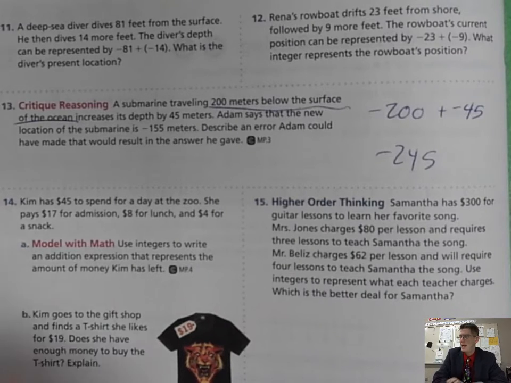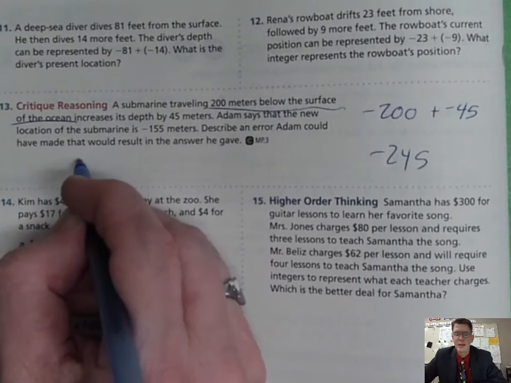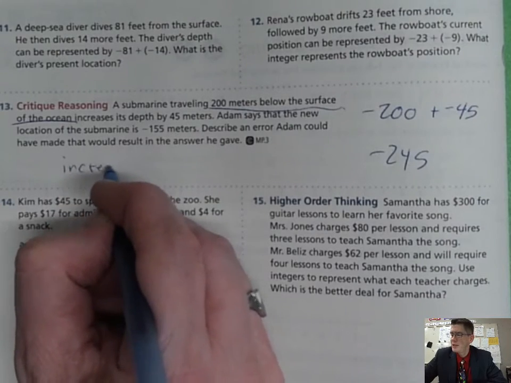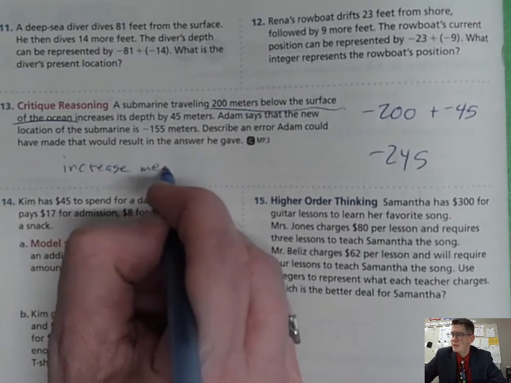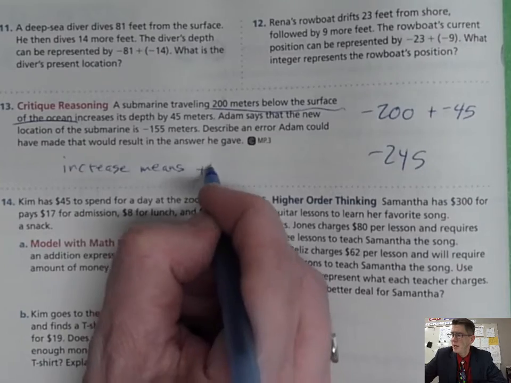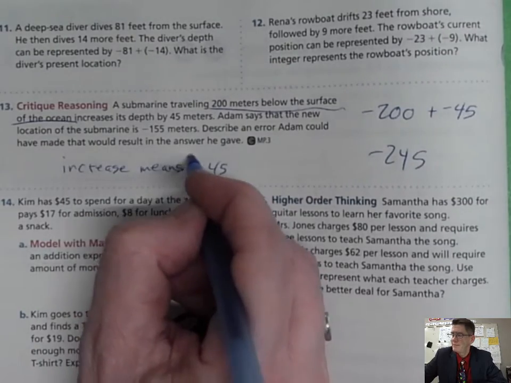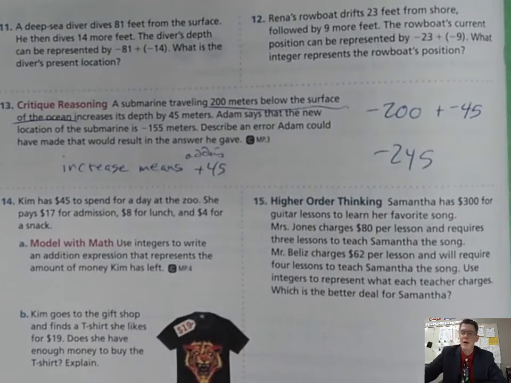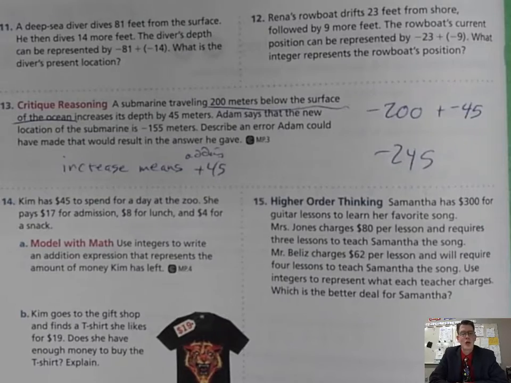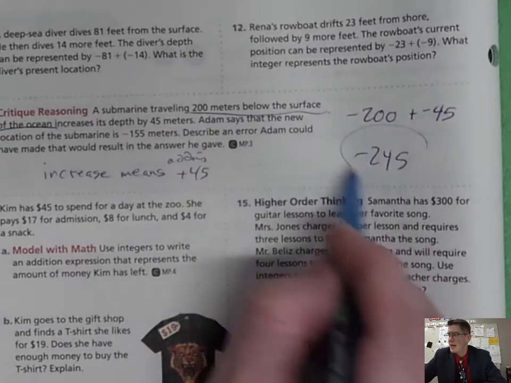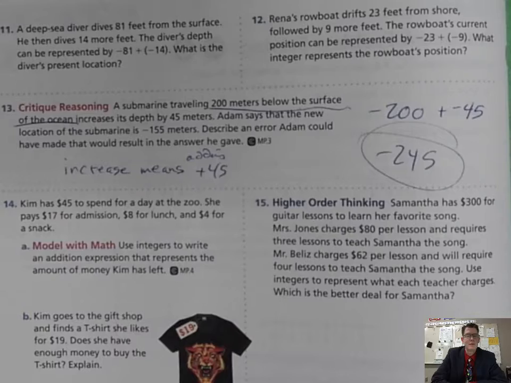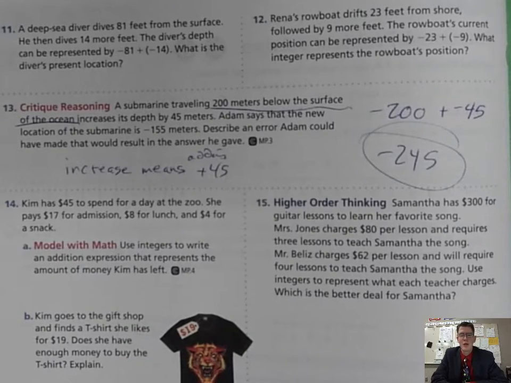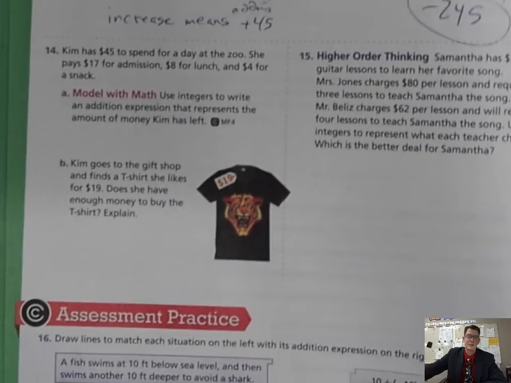So an error that Adam could have made is he could have thought that increase means a positive 45. Means adding that positive 45. That's an error he could have made. The actual answer is they're now at 245 meters below the surface.